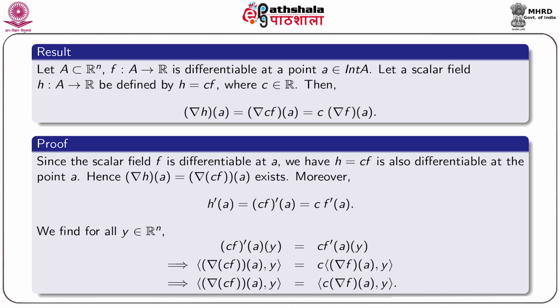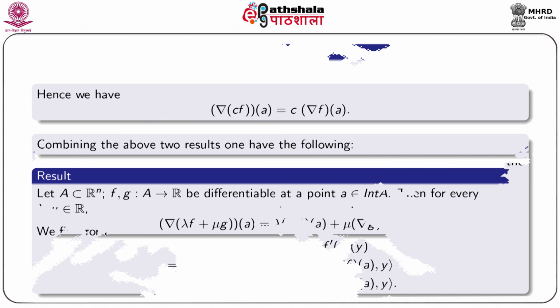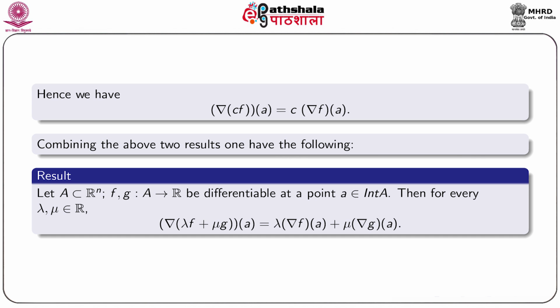Hence, for every y in Rn, we find (Cf)'(a) operated on y is nothing but C times F'(a) operated on y, that is the inner product of grad Cf(a) with y equals C times the inner product of grad F(a) and y, which equals the inner product of C times grad F(a) with y. Hence, we have grad of Cf at the point a equals C times grad F(a).